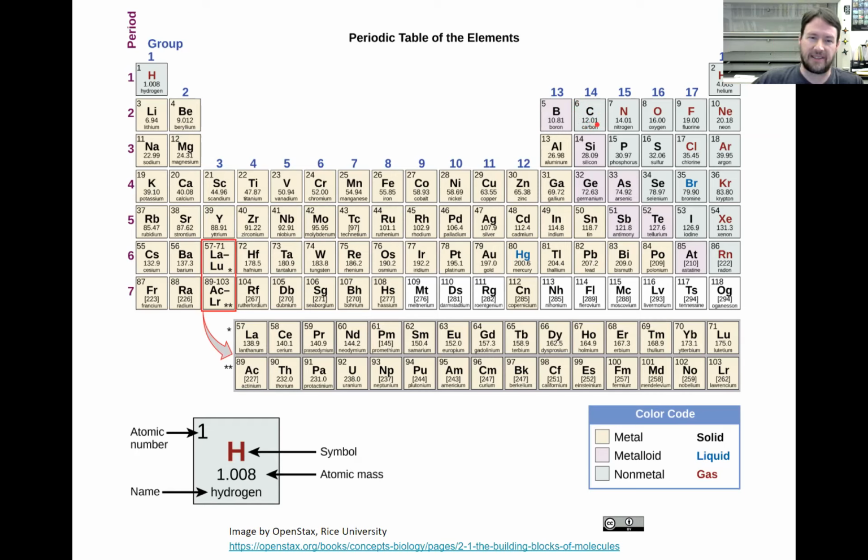So we know there were six protons in that average mass, and then the rest is going to be neutrons. So looking at these different elements, you can kind of figure out the typical or most common version of that atom, the most common isotope. You can deduce what the number of neutrons is based on this information.